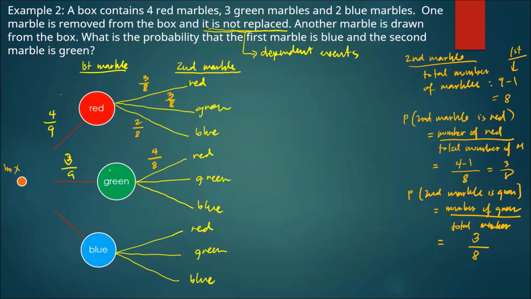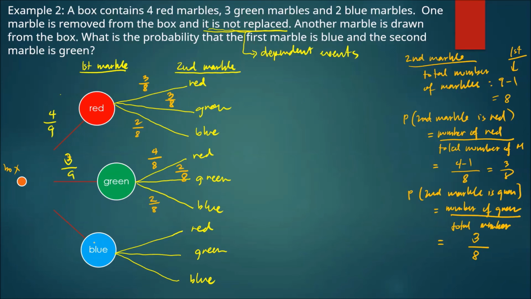Now, if our first marble is green, the probability of getting another green marble, okay, so how many green marbles will there be if our first marble is green? Yes, so there will be only 2 green marbles left inside the box because our first marble is green. So this is 2 over 8. Now, how many blue marbles will there be if our first marble is green? Yes, there will still be 2 out of 8.